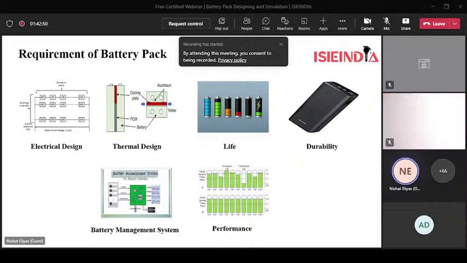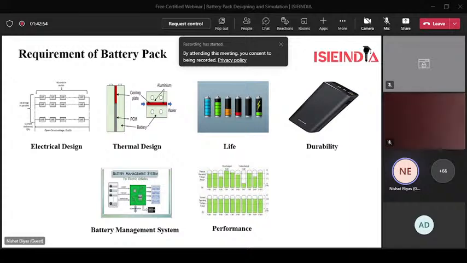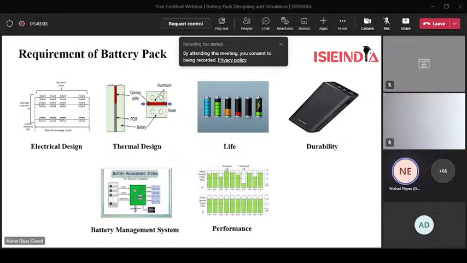The battery pack is equipped with various sensors which monitor the performance, so that there is no change in temperature; in case, we have to keep the temperature from 25 to 30. These are all functions of the battery management system.